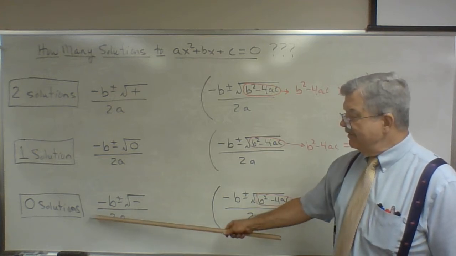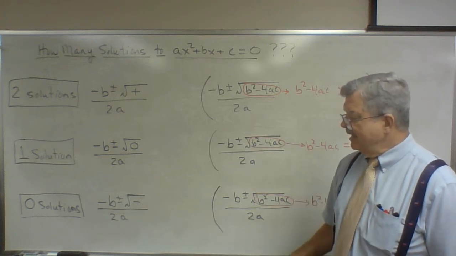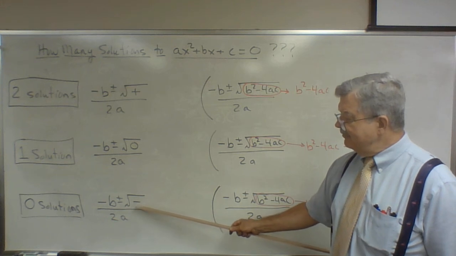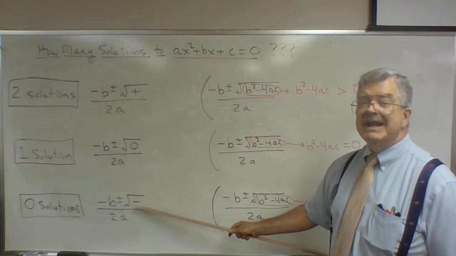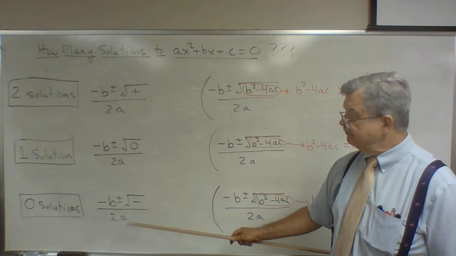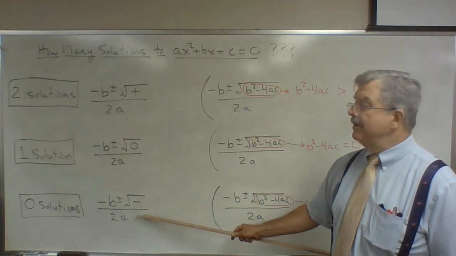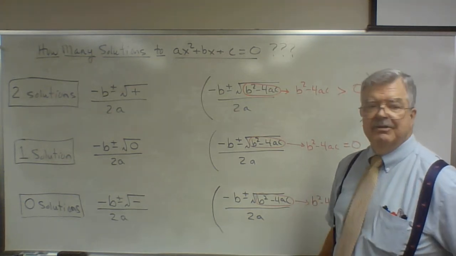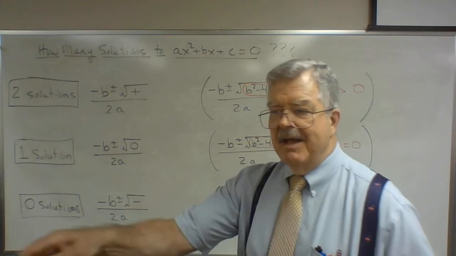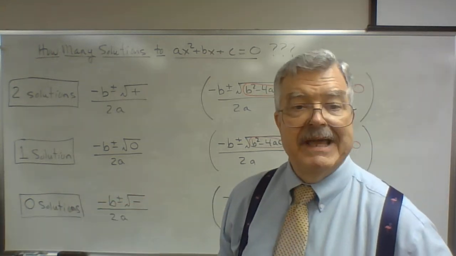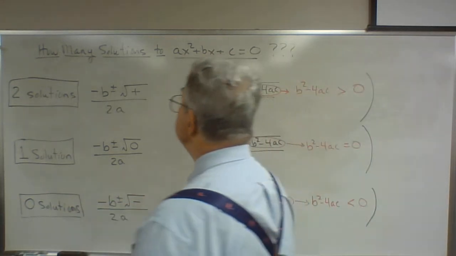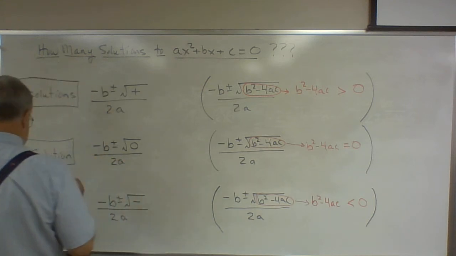And when do we get 0 solutions? If, when we simplify under the radical, we get a negative number, that means there are no real solutions. And I better cover myself here and be a little bit more specific.